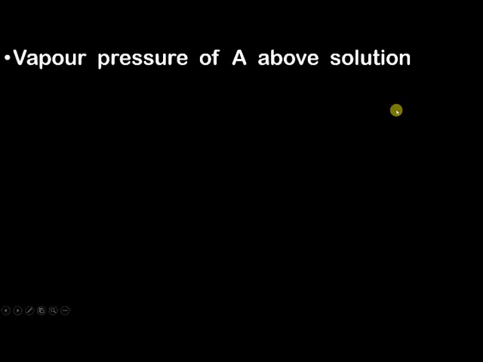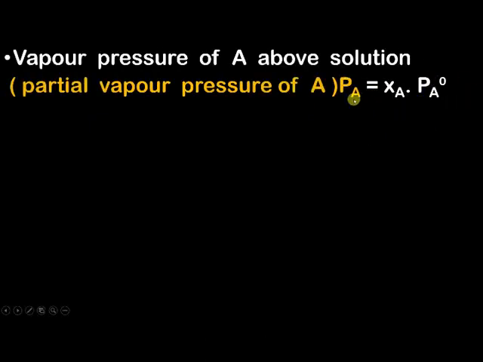As I said earlier, what is PA? PA is nothing but the vapor pressure of A above the solution, and we all know in the solution B is also present, so we also call it the partial vapor pressure of A. This is a better word: partial vapor pressure of A. Why have we used the term partial here?